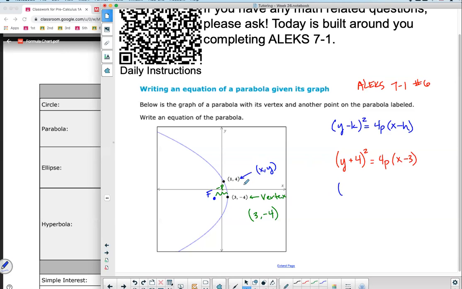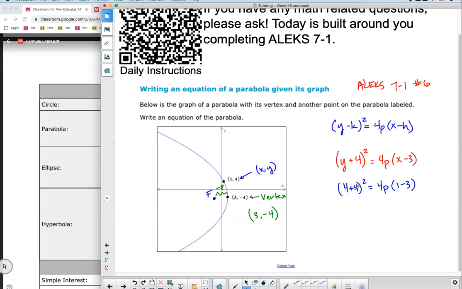So the y is 4, so it'll be (4 + 4)² equals 4p times my x, which is 1, so it'll be x minus 3. If I do this correctly, I should get a negative p here.